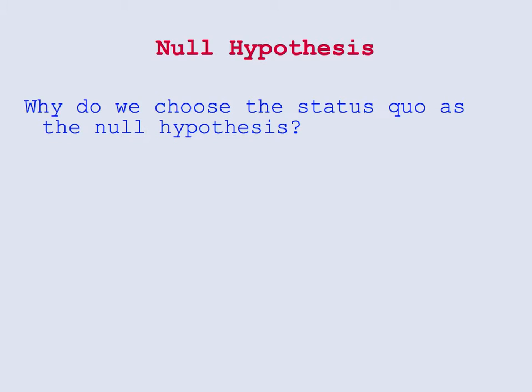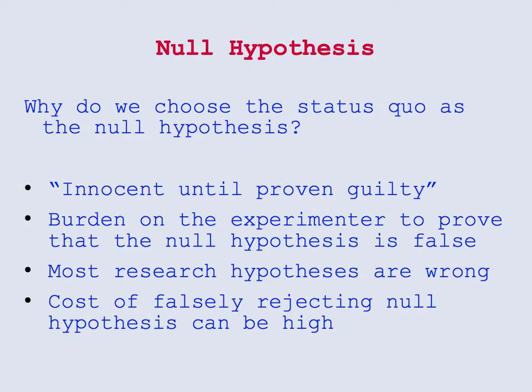Now, why do we choose the status quo as the null hypothesis? In fact, this is very important. So this goes back to the basic tenet of innocent until proven guilty. And it is our burden as an experimenter to prove that the status quo is actually false.